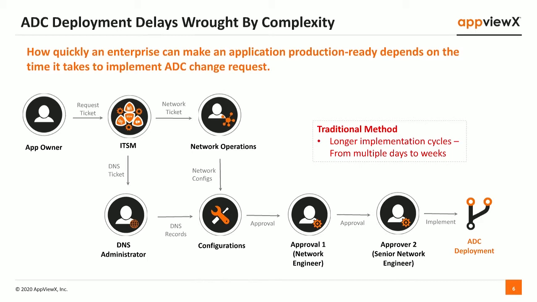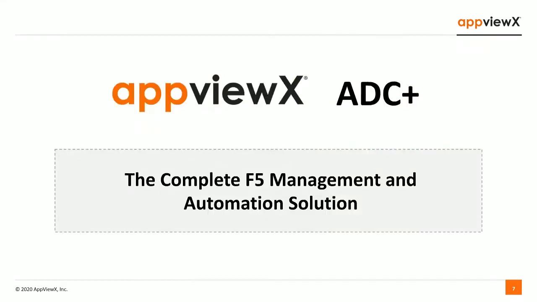The business is looking for more speed and agility, adapting to DevOps and agile methodology so that they can get time to value quickly. Now, how can we compress this, and how can we enable a faster time to value, right? And that is where AppViewX comes in.